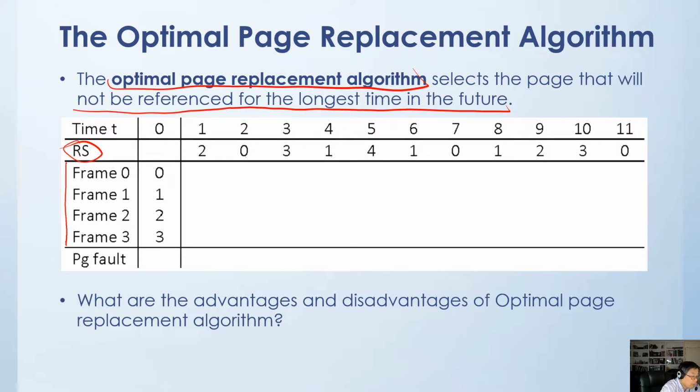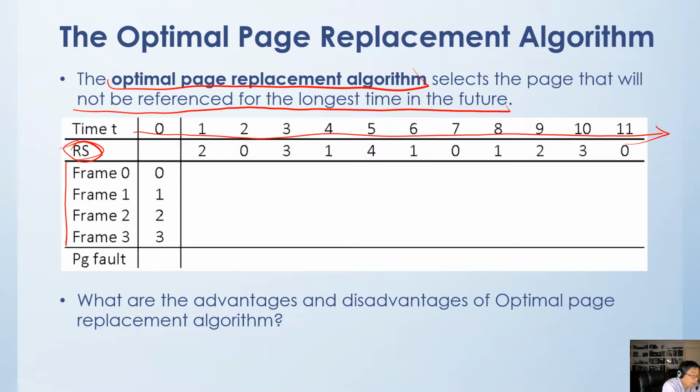That means you have more pages than frame numbers, so most likely page faults are going to happen, and page replacement has to be used. The optimal page replacement algorithm selects a page that will not be referenced for the longest time in the future. Now, how does that work? Okay, let's see. Here's the reference string. Now, here's the timeline.